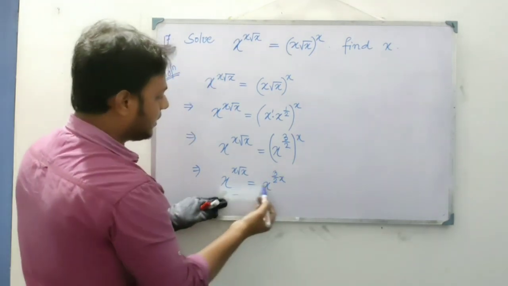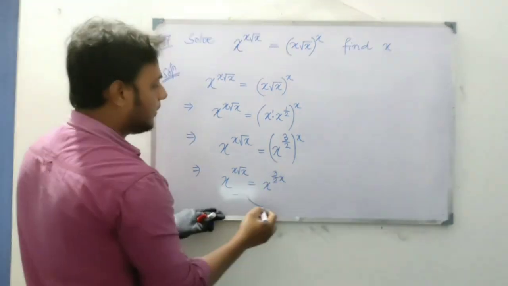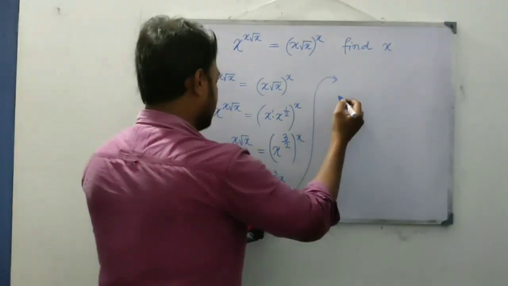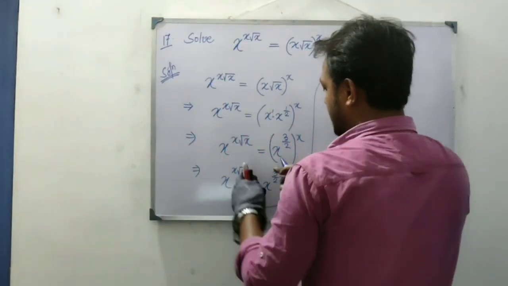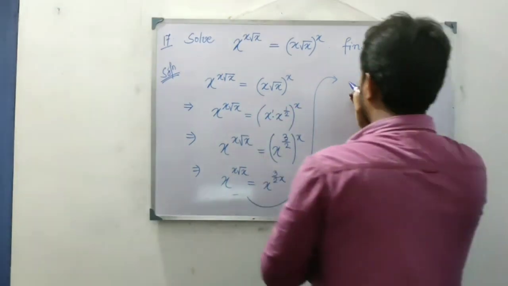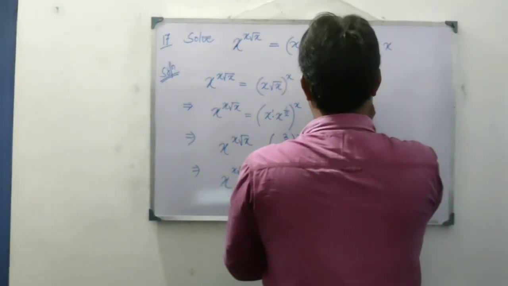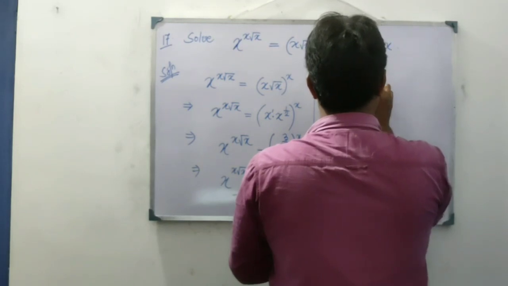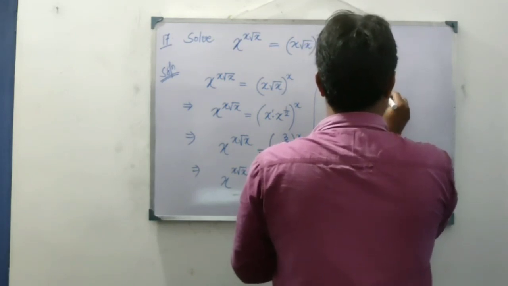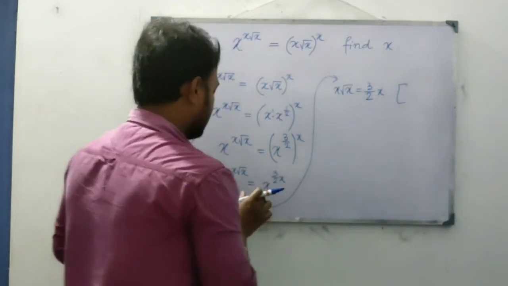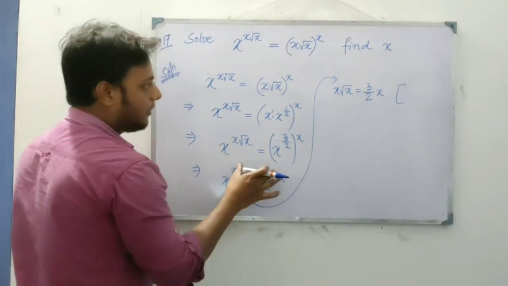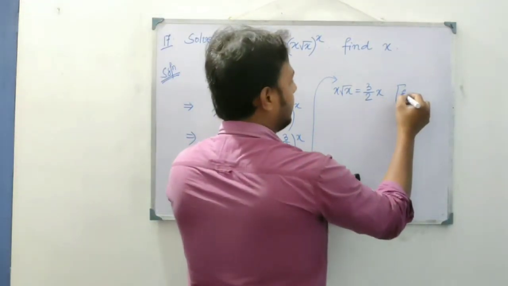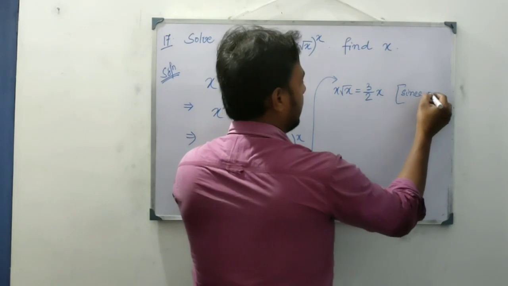Now see, both sides base same, so we can equate the power. So after this line, we can equate the power. Power will be x root over x equals to 3 by 2 of x. Since base same, so power obviously same, since equal base.